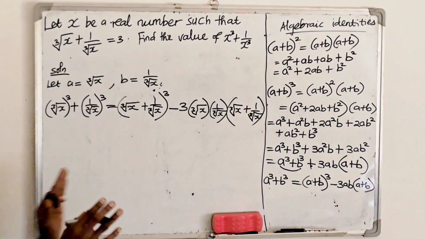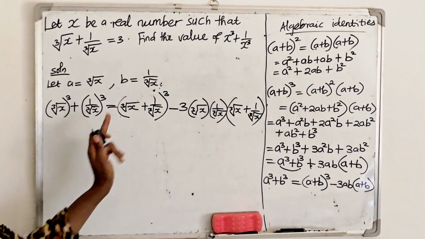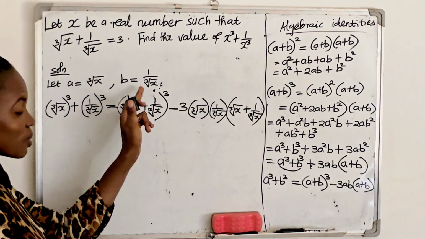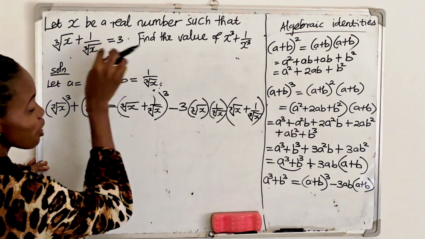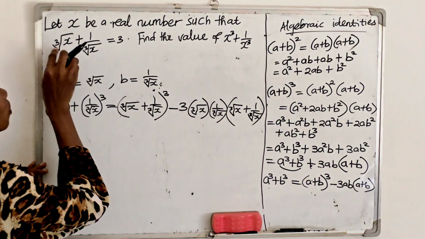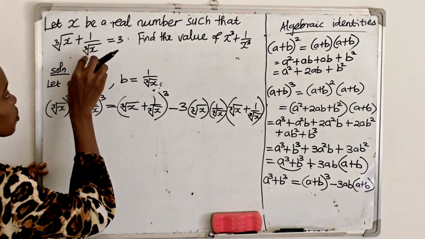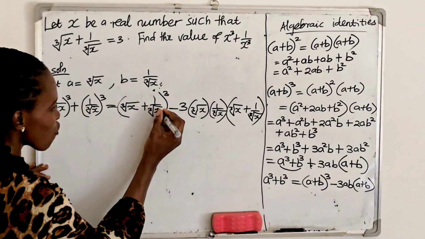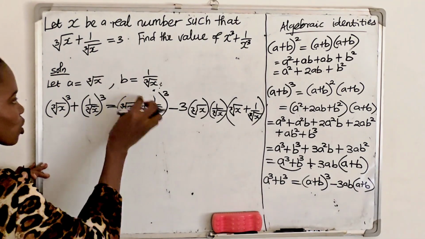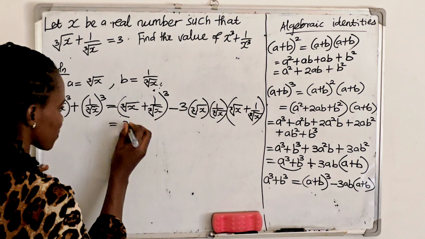Is that understood? Exactly this, but my A is this and my B is this. Okay, let's simplify further. Now remember, from the information given to us, cube root of x plus 1 over cube root of x is equal to 3. So wherever I see this, I can comfortably call it 3. So the whole of this is equal to 3.